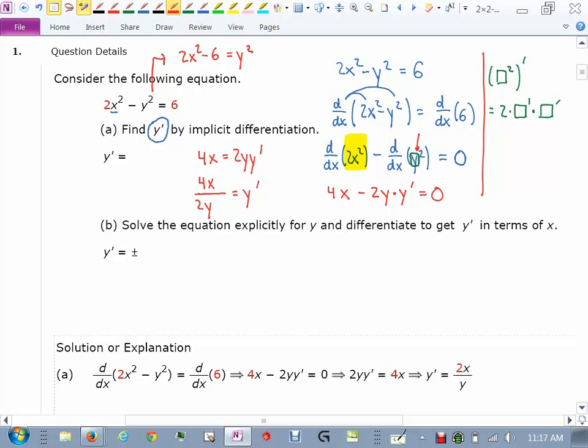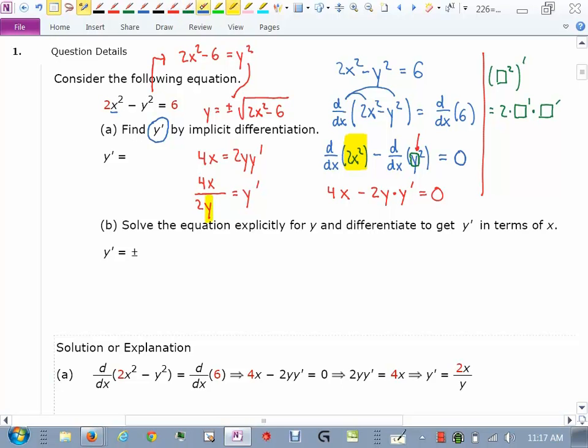That's moving the y squared to the other side and moving the 6 to the left side. And now take the square root. So y is equal to plus or minus, taking the square root on both sides, the square root of 2x squared minus 6. And that's what I can replace this y with right here.